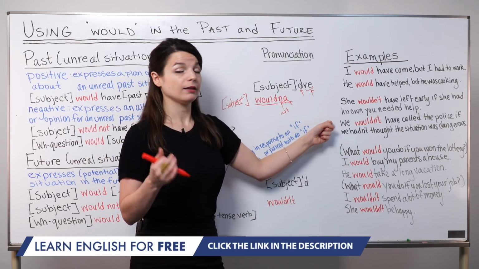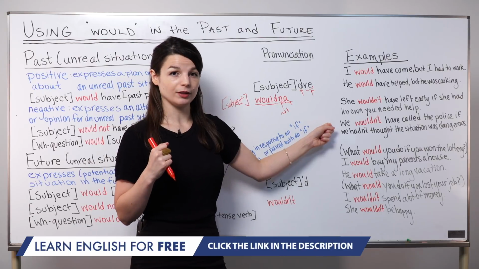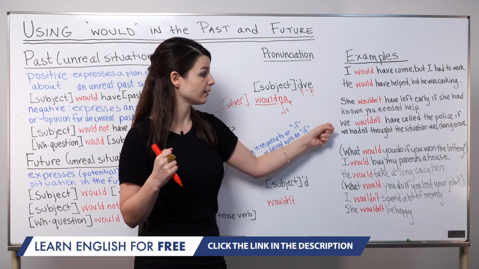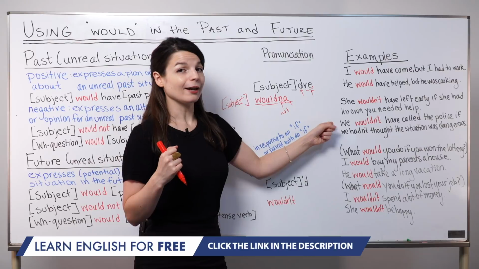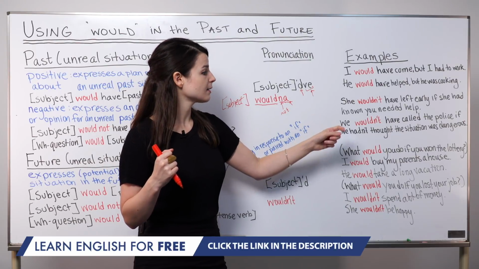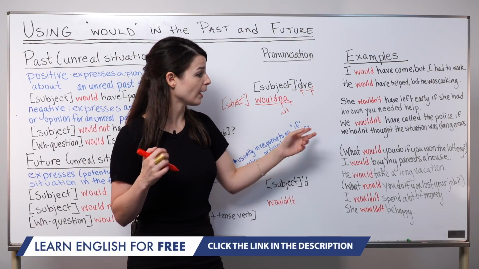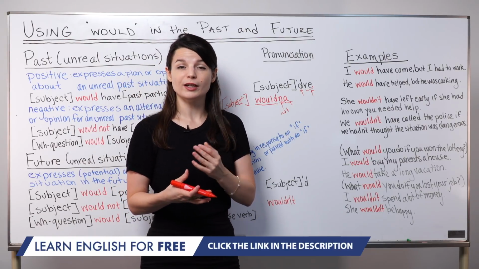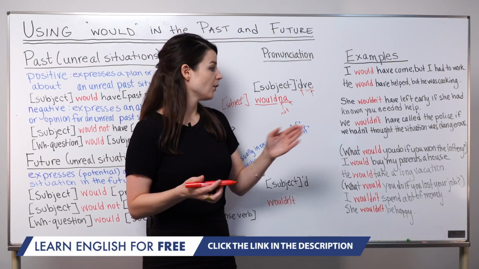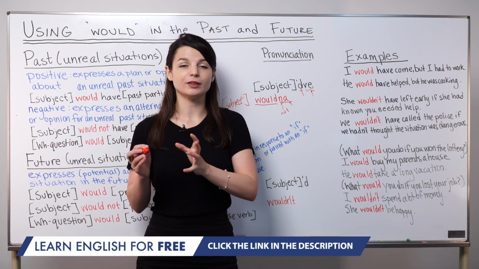This means the speaker did call the police. So we wouldn't have called the police is attached here because the speaker is saying they thought the situation was dangerous. So we would not have called the police.